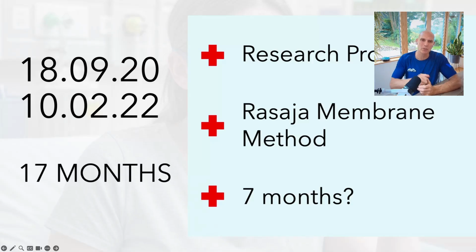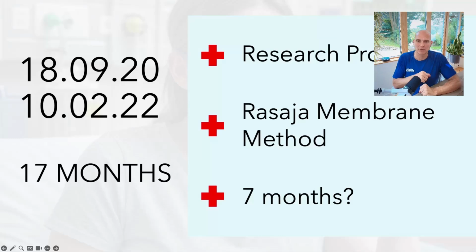And we know that we can increase the speed because in the last lesson, we talked about the Mayer organ and how we can increase the speed of healing. And there's various different methods. And the Rasaja membrane method is a very important method when it comes to research, because the Rasaja membrane method is going to be detectable because it works with building a carbon-based framework within the affected cells.